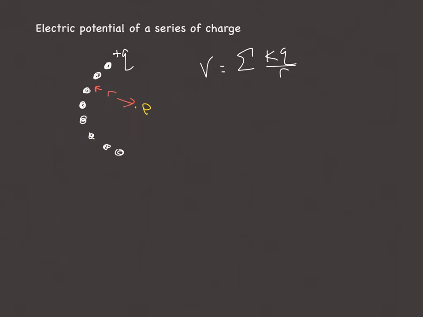Doesn't matter what arrangement they give you. Sometimes they'll make it look a little different. Say, hey, there's an angle here of 120 degrees. Since the potential is not a vector property, the direction that this potential is coming from doesn't matter.